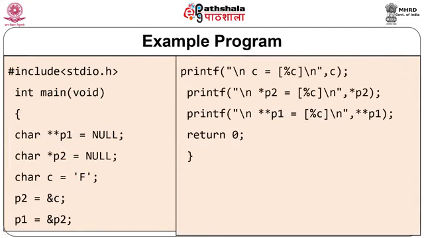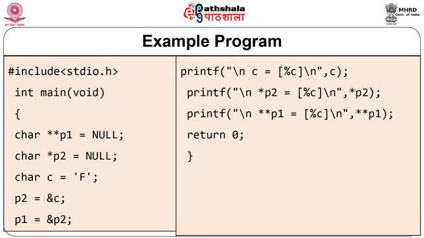Now we can see one more example on pointers. In this example you can see we are considering pointer P1 as a pointer to pointer, that is null. So the pointers are null for P1, then char *P2 again null. Character C is treated as F. Now in this program you can see P2 = &C, P1 = &P2.